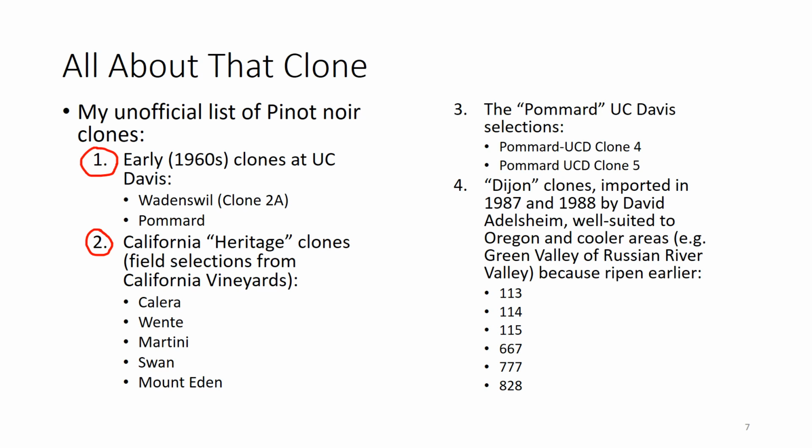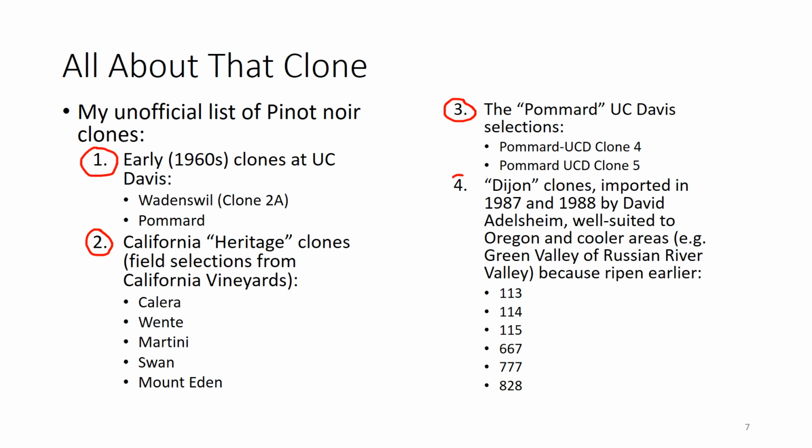Wente in the Livermore Valley, east of San Francisco, was a major producer. And so when we take cuttings from one of these wineries, we tend to name them after the winery. So Calera, Wente, Martini clone, Swan, the Joseph Swan clone from here in Sonoma County, the Mount Eden clone. Pommard, UC Davis selections, clones 4 and 5, you hear about a lot.